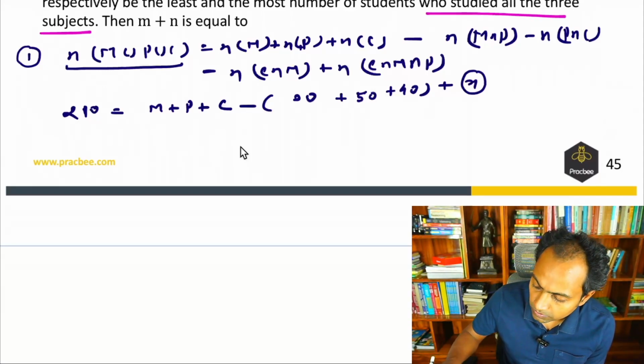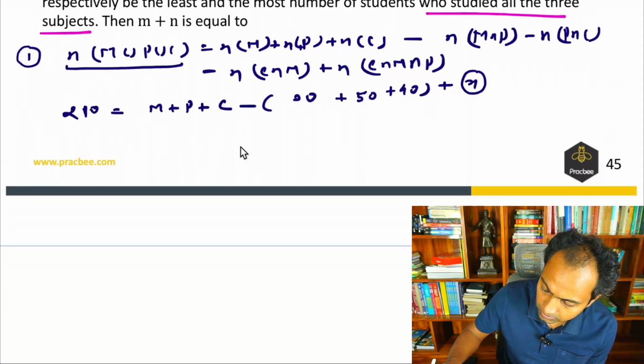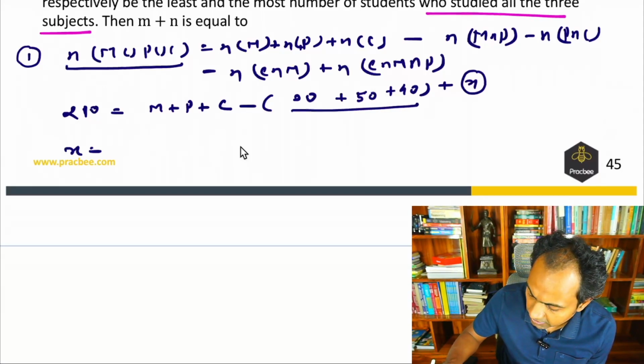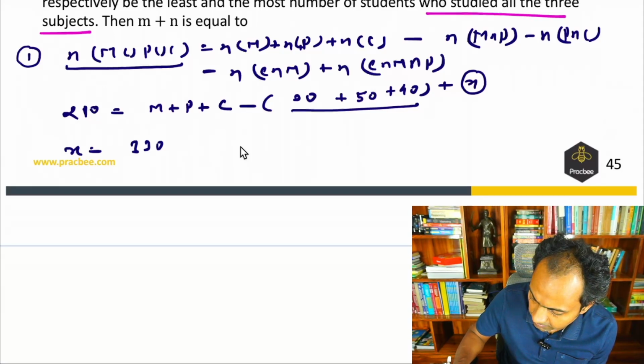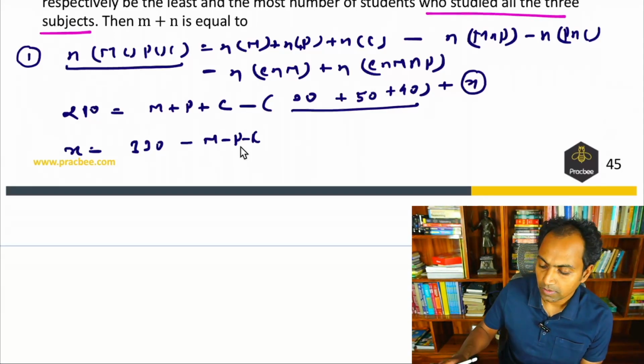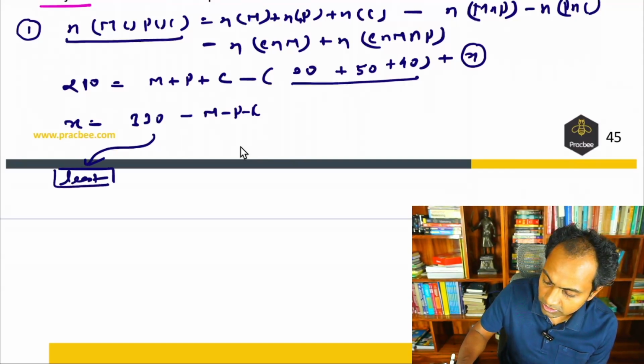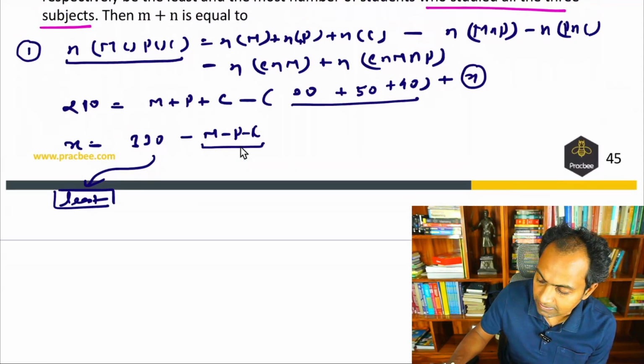If I write it down, let us see what I get. If I want to find the value of X, it will become 210 plus all of these three things, which will make it 330, and then minus M minus P minus C. This is what we need to find. So if I want to find the least value, according to this statement, it will come when these take the maximum values.